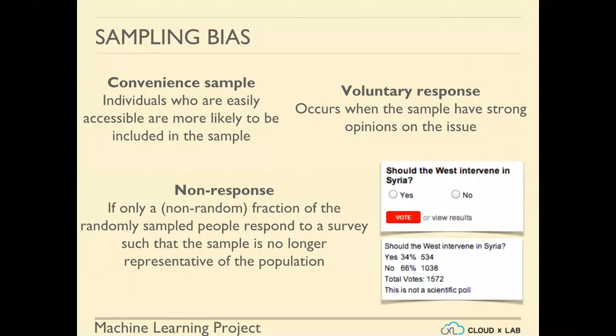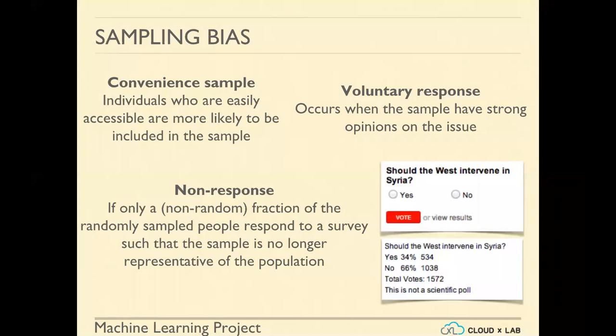There could be people who have a very strong opinion on the subject. They will come out and vote more, and hence there will always be a voluntary response.